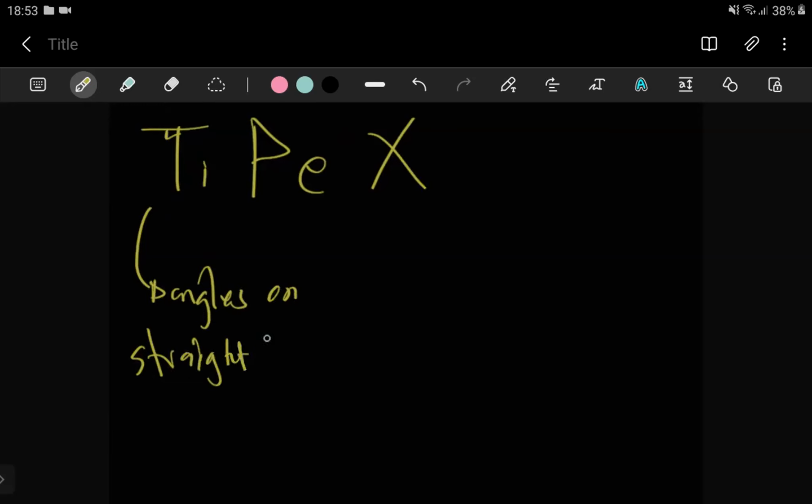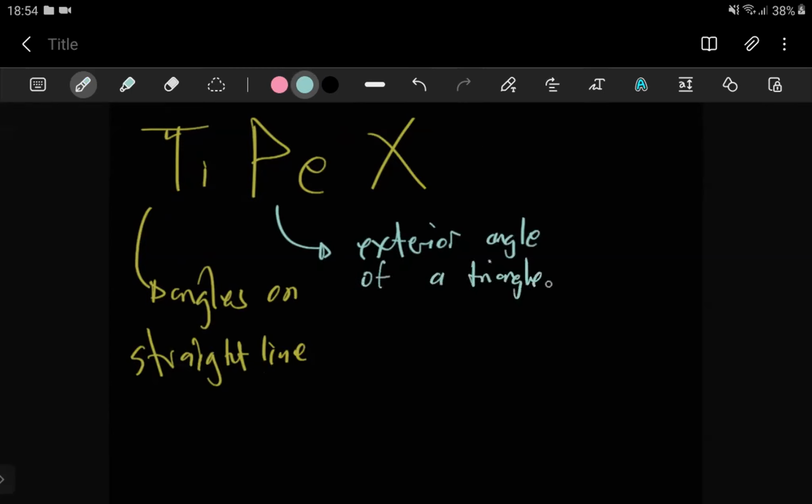And then here you have P, which is exterior angle of a triangle equals the sum of the opposite interior angles, you see.